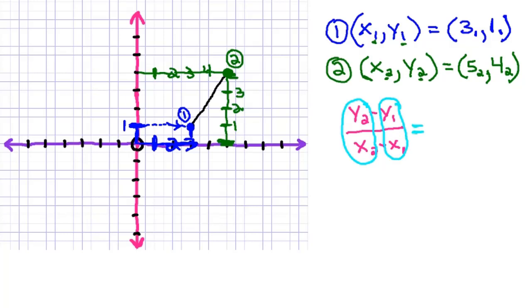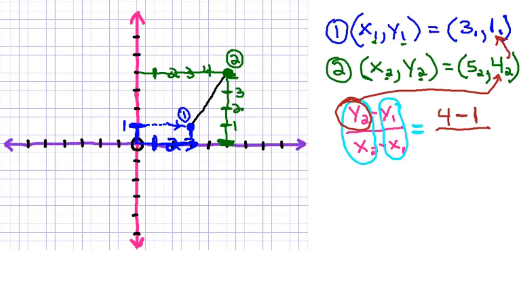So that's going to be, in our case, the y2. Let's start with the y2. The y2 in our case is going to be this 4. So we're going to write 4 and then minus, and then the y1. So the y1 in this case is going to be 1. So 4 minus 1. And then we put a fraction bar, and then we set up the x2 minus x1.